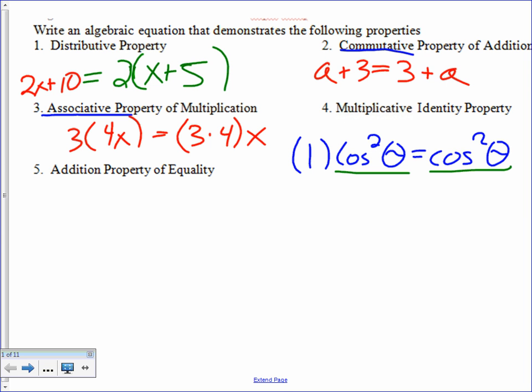Even if I don't know what I'm multiplying by 1, if I multiply by 1, it does not change. And the addition property of equality says that, hey, if I start off with a true statement and I do something crazy, like add 2 to both sides, the statement stays true. So those are the first 5.